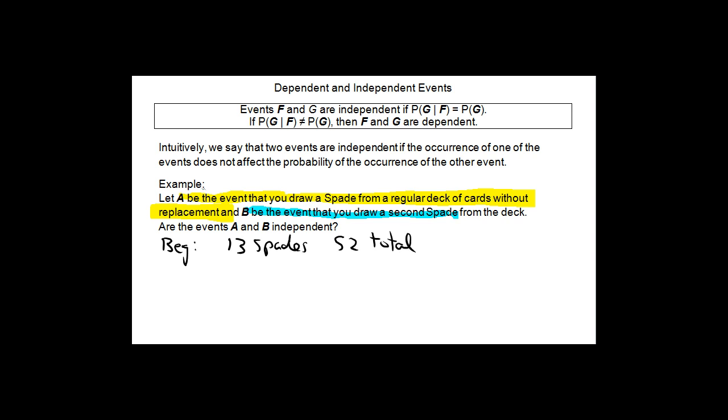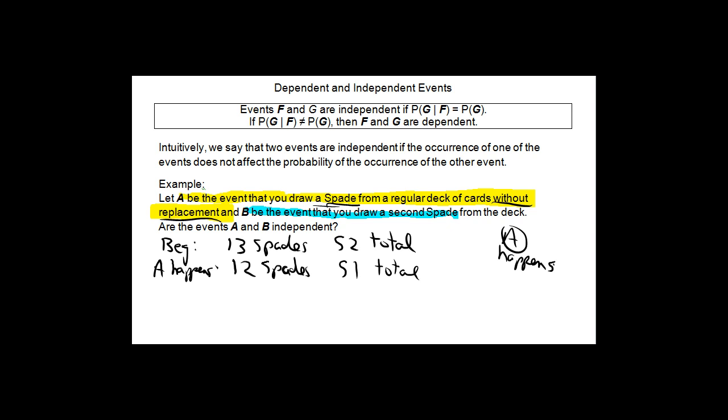If A happens, meaning you get a spade, then you're down to 12 spades and 51 cards total because you're drawing without replacement. That means you're not putting the card back in.